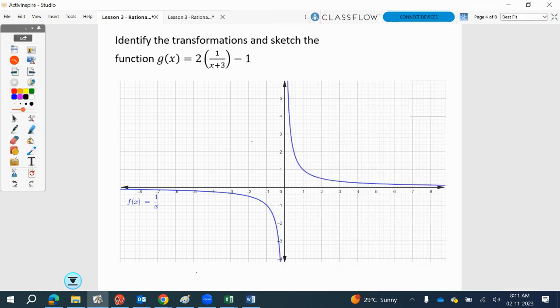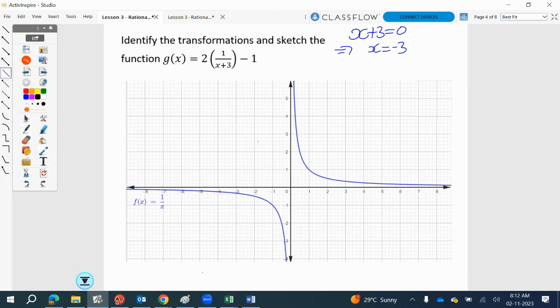Okay, so we wish to look at our transformations. Firstly, what is going to be our vertical asymptote? Our vertical asymptote comes from the denominator set equal to 0, which implies that x equals minus 3. This is our vertical asymptote. Put that in first.